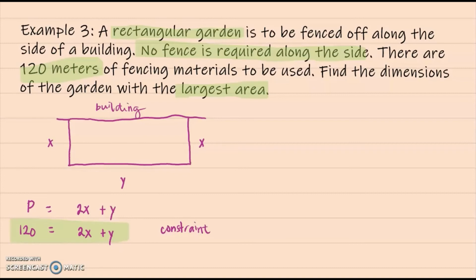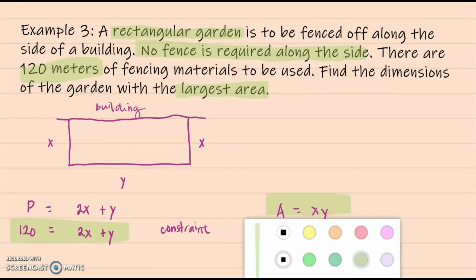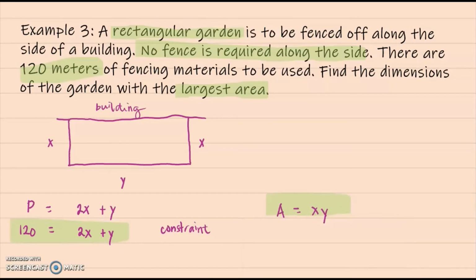We have to find the dimensions of the garden with the largest area, so our optimization equation will be our equation for the area, and that is A is equal to x times y. Let's highlight. That is our optimization equation.